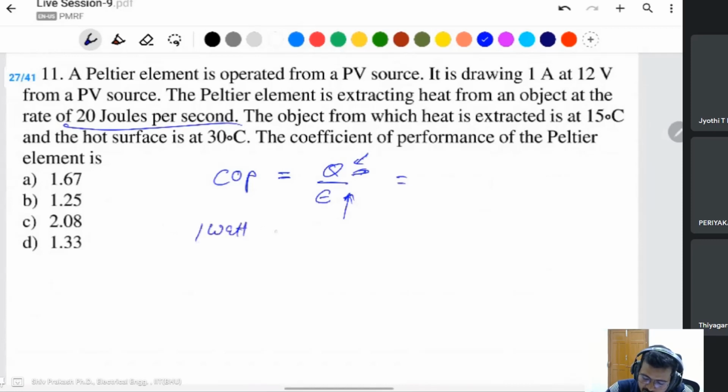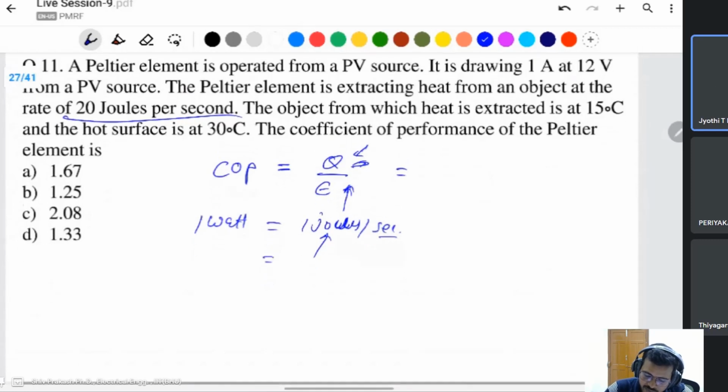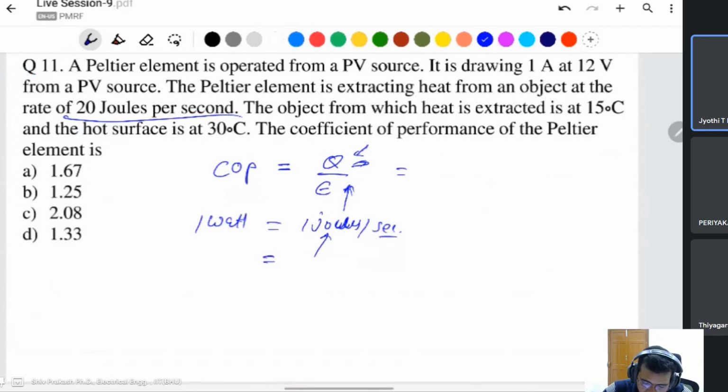The heat transfer in watt is given as 20 joule per second. 1 watt is the same as 1 joule per second. Joule is the energy parameter, and energy per time is watt, power.